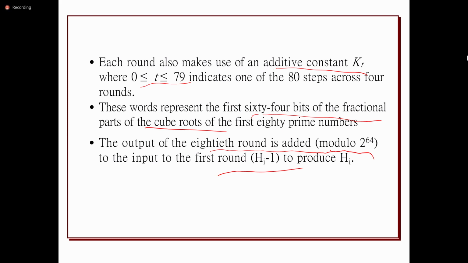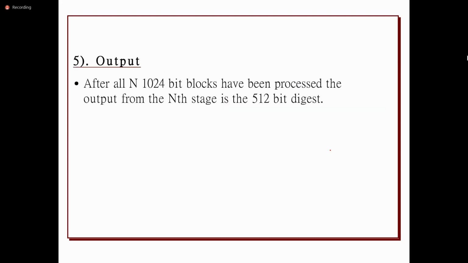After adding, whatever result we get will be considered. After all n blocks, each of size 1024 bits, are processed, the output of the n-th stage is the 512-bit message digest, or we call it the hash code.